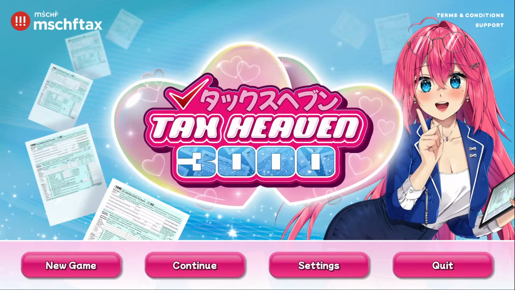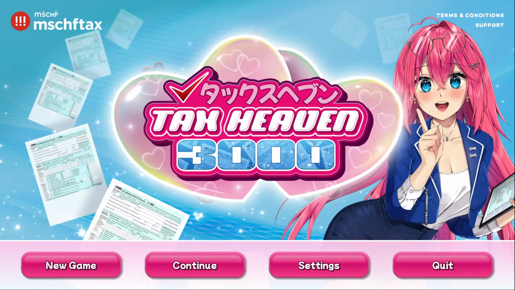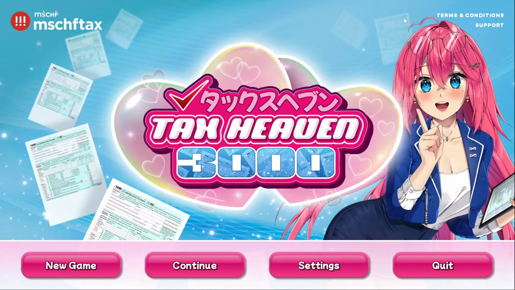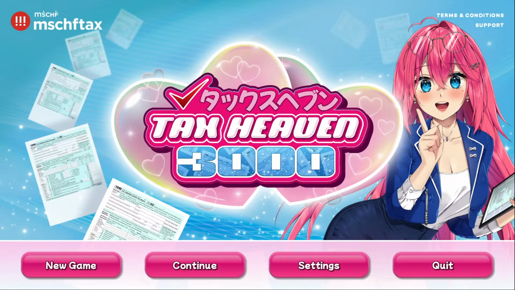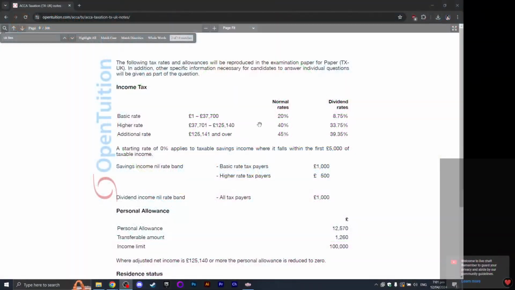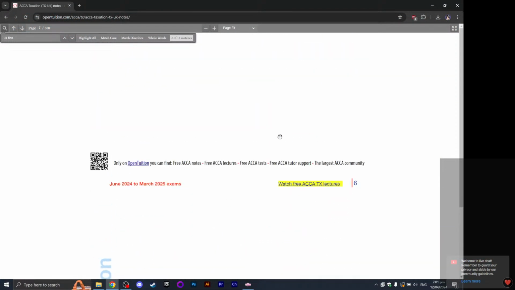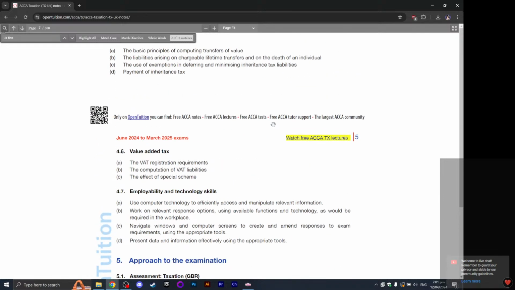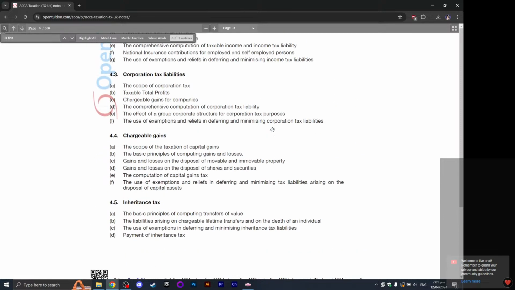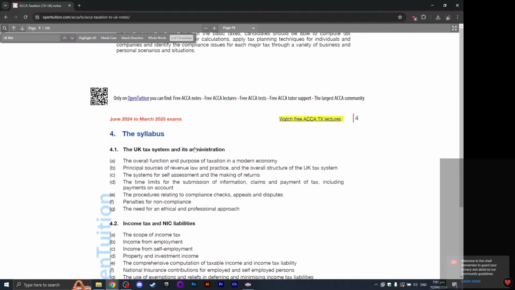Okay, so I'm gonna give a brief rundown of taxation, like I learned for UK tax. Okay. Yeah, here are the taxes.